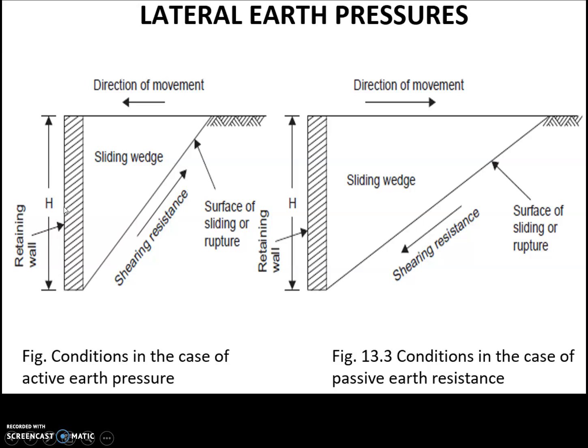Here in this figure, we can see the conditions in case of active earth pressure. H is the height of the retaining wall, and this retaining wall is supporting the soil.